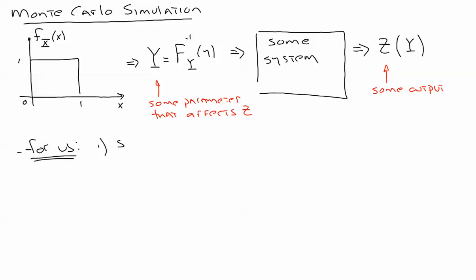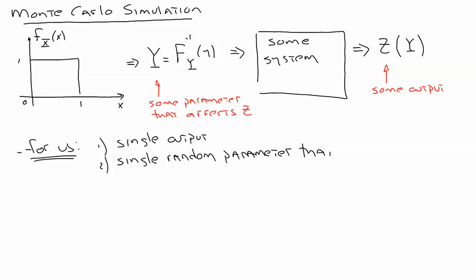Whatever our system is, it's going to have a single output and a single random parameter that affects z.